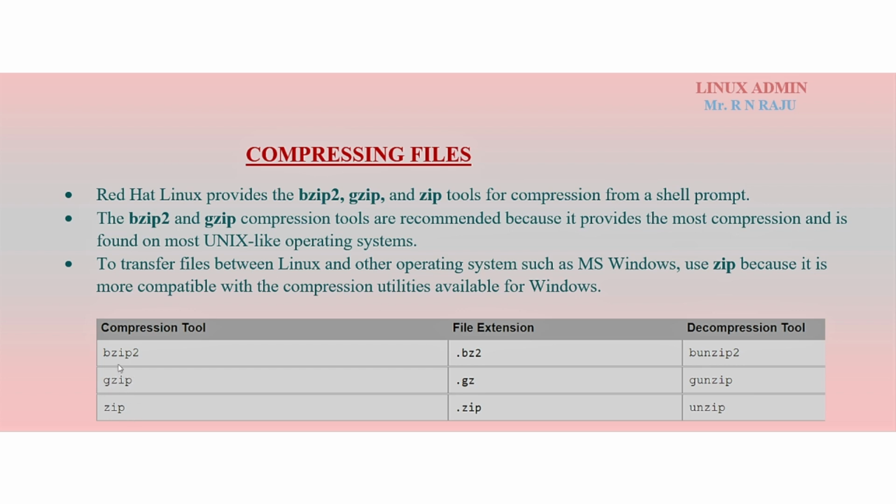If you compress a file with bzip2, the file extension is .bz2. For the gzip tool, the extension is .gz. And for the zip tool, the extension is .zip. To decompress, the opposite of bzip2 is bunzip2, of gzip is gunzip, and of zip is unzip.